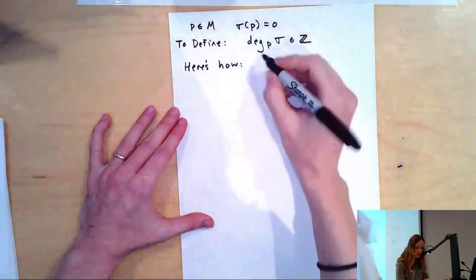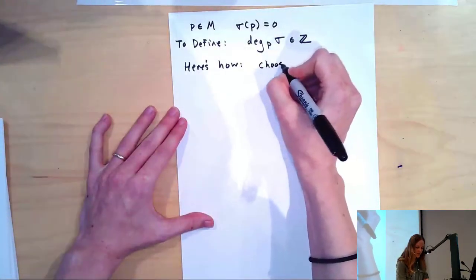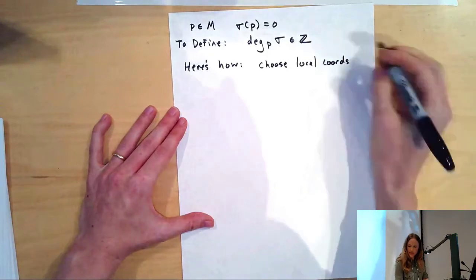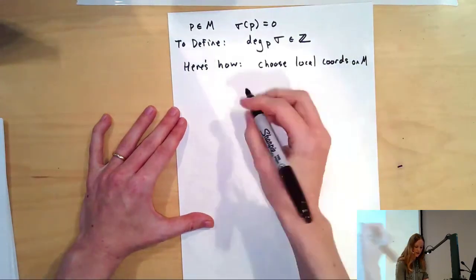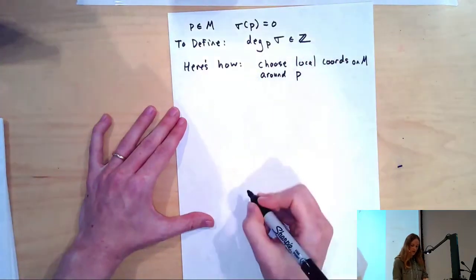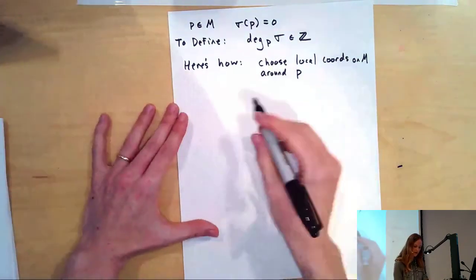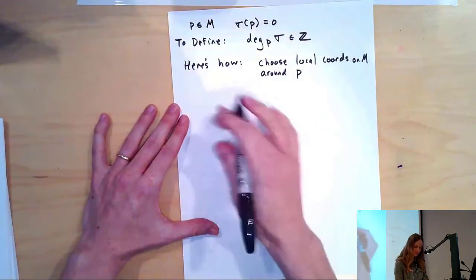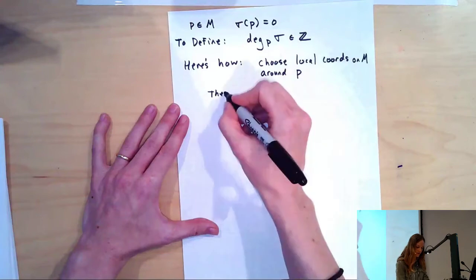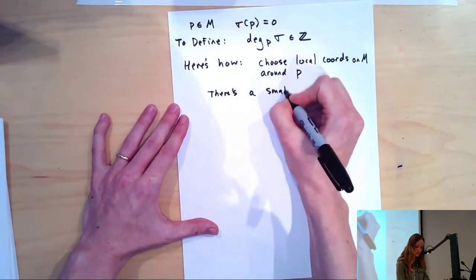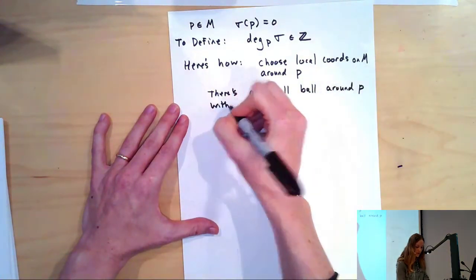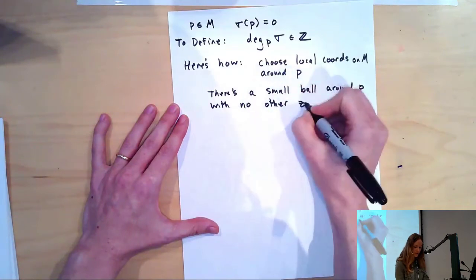And then we'll choose local coordinates on M around P.